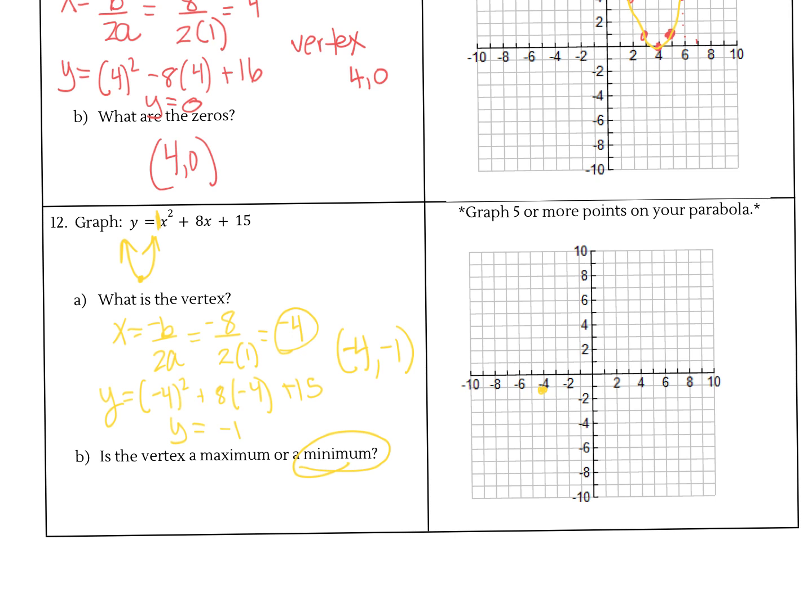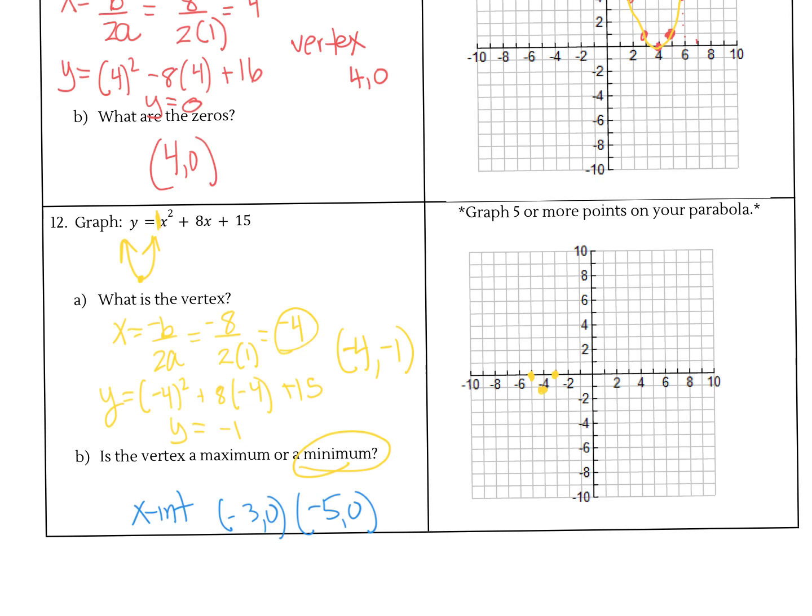Okay. From there, we're going to go ahead and complete our pattern. So I'm going to move up 1 and right 1 and use symmetry. Now it didn't ask us, but if it asks us for the x-intercepts or the solutions or the roots or the zeros, we just found them, and that would be at the point -3, 0 and at the point -5, 0.